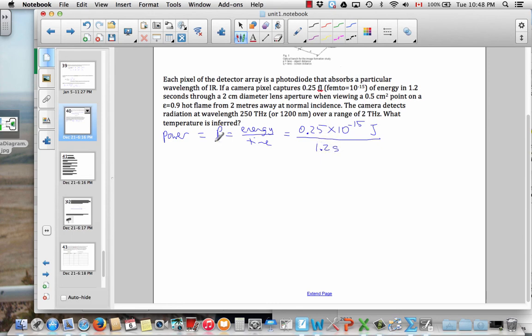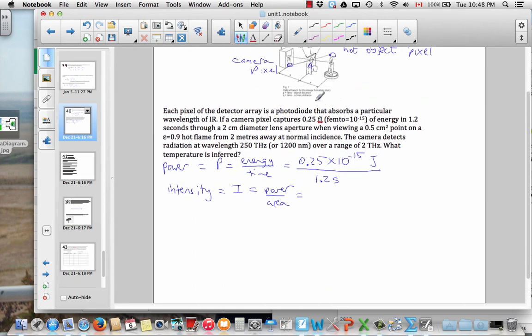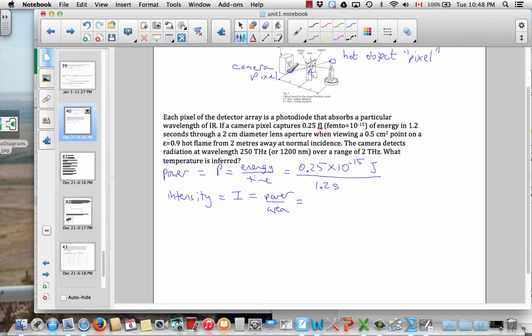Now, from the power, we can find the intensity, because intensity is a ratio of power to area. So the energy that was received by our photodiode was coming from a unique spot on the hot object.